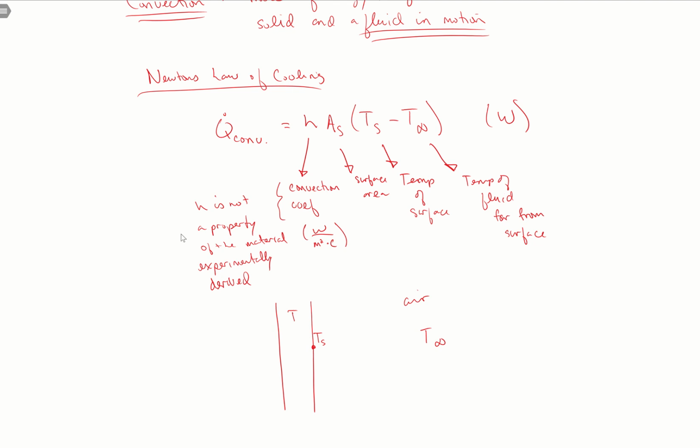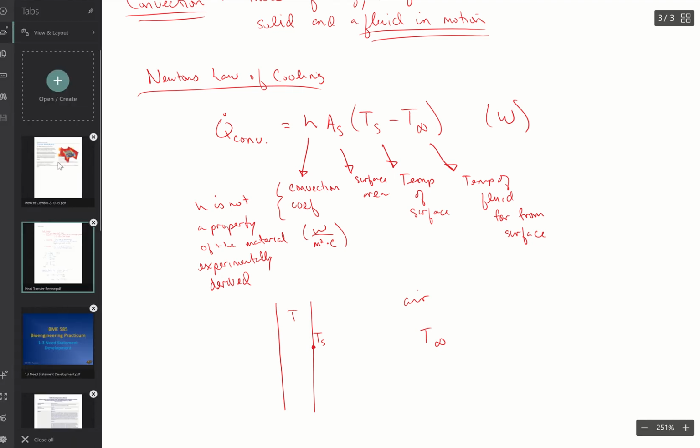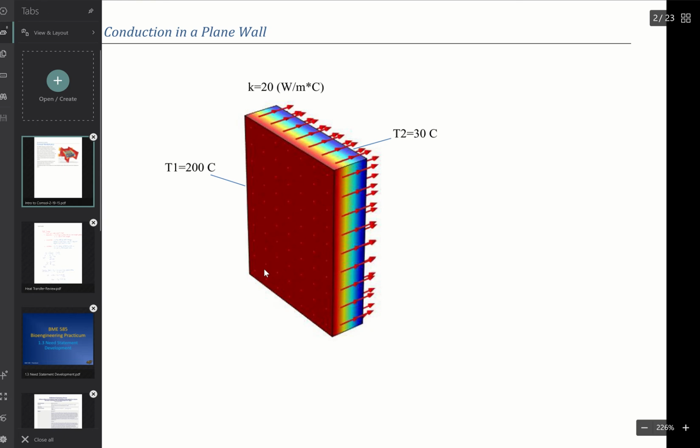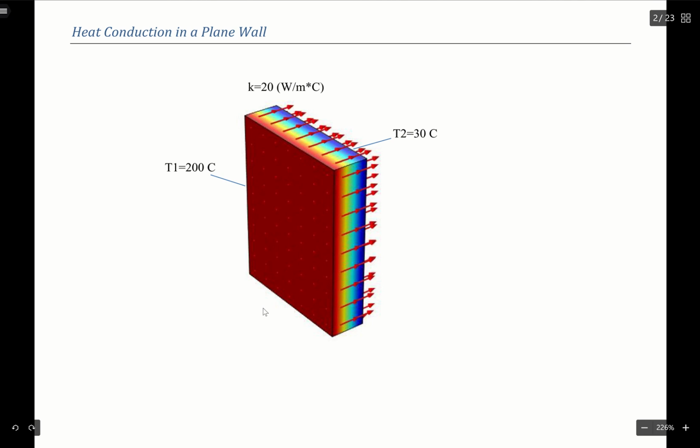Okay, so this is Newton's law of cooling for modeling convection, and this is what we will model in this class. We'll practice modeling. I'll show you how to model on a computer, going back to this example here, how to model conduction and convection through a large plane wall and other surfaces.